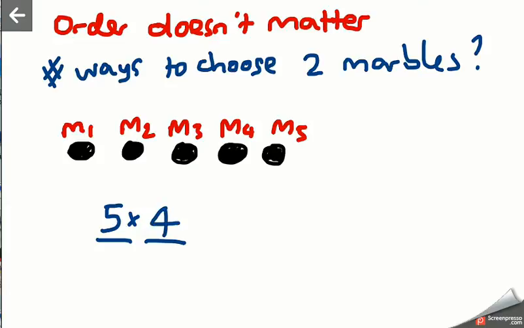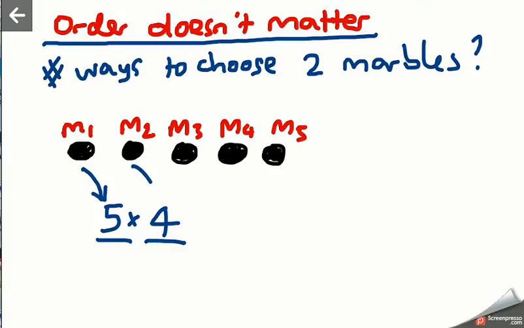But what I said at the start was order doesn't matter. The calculation I just did actually does treat order as mattering, because under that calculation I could have chosen marble 1 as the first choice and then marble 2 as the second choice, or marble 2 first and then marble 1.